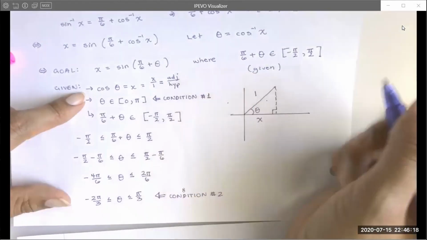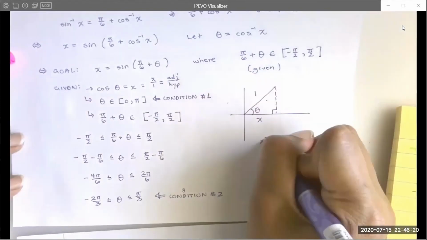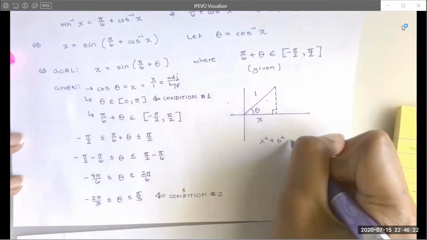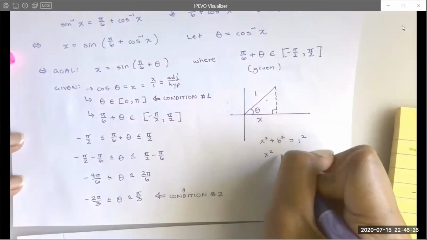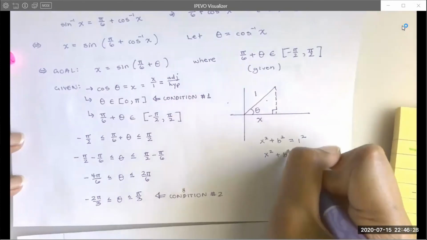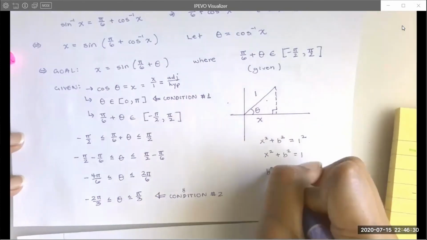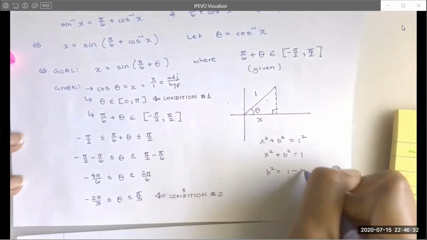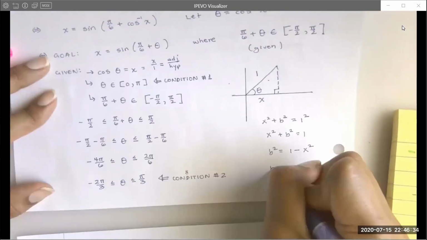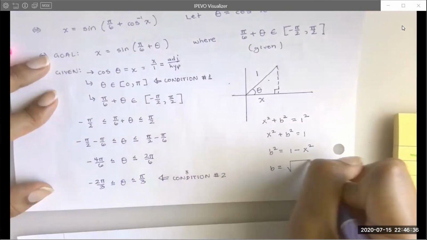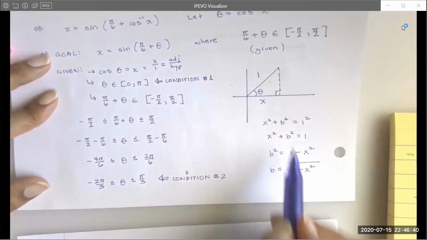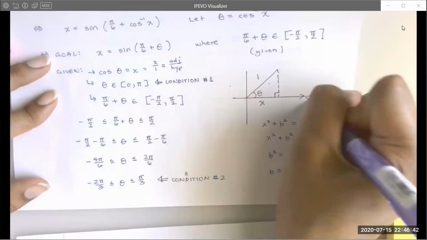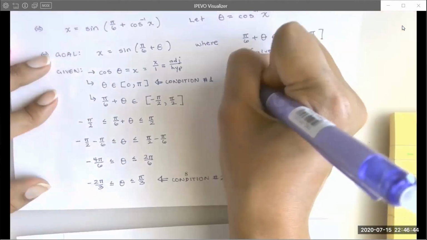If we do some Pythagorean theorem to find the opposite side, we get x squared plus b squared equals 1. B squared is equal to 1 minus x squared, and then b is equal to square root of 1 minus x squared. Notice I'm taking the positive root because we are going up in the positive y direction.